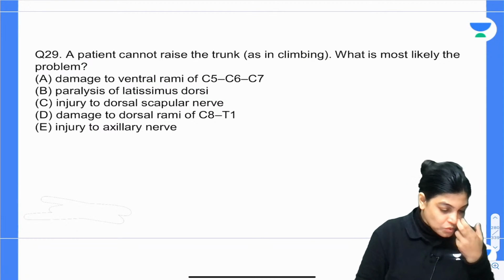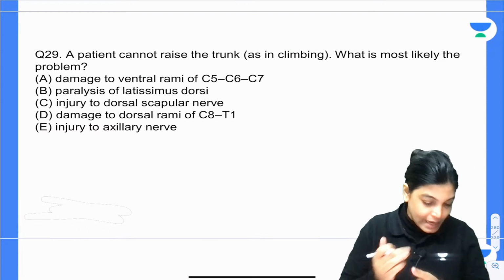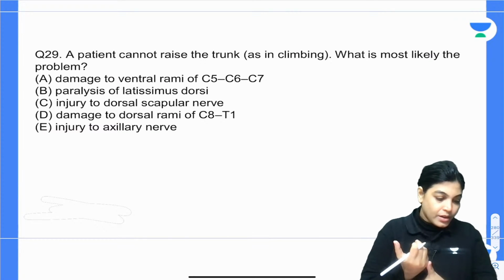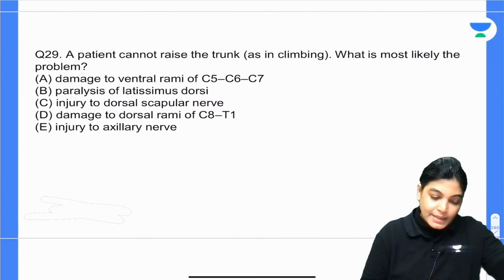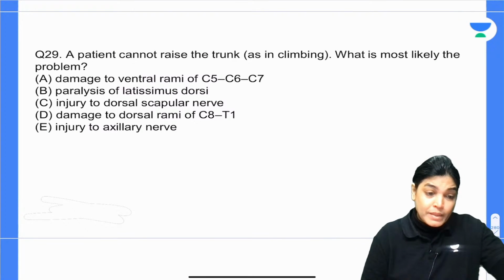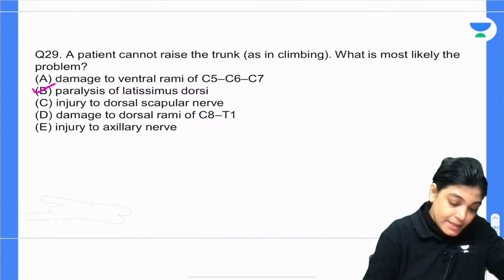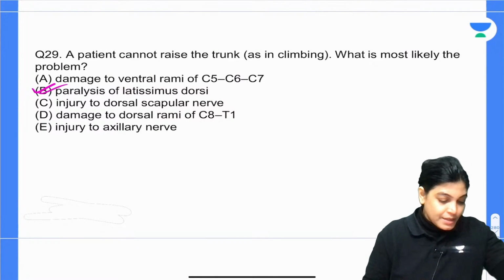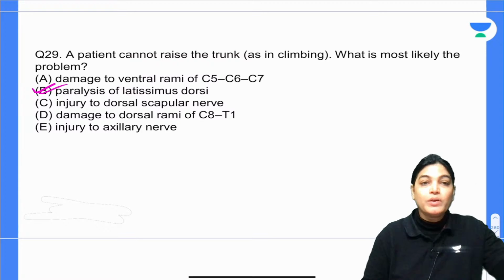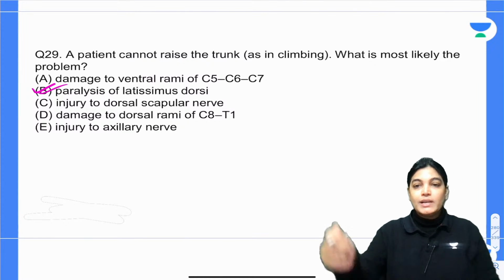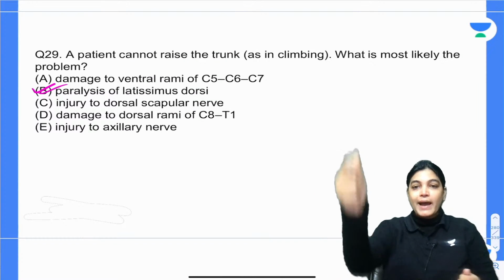Question number 29. Anuj Srivastava has given his answer as E. Okay, my dear aspirant, actually the correct answer for question number 29 is B, paralysis of latissimus dorsi. Yes, absolutely right, Mohit. Actually, climbing is like this. So what is the action involved?